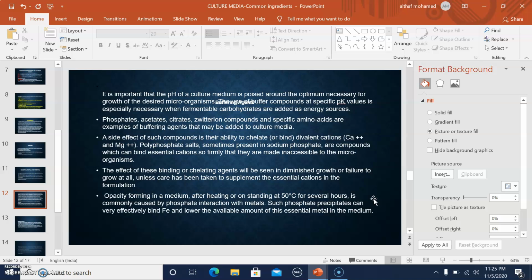A side effect of such compounds is the ability to chelate divalent cations and magnesium. The polyphosphate salts sometimes present in the sodium phosphate are components which can bind essential cations so that they are made inaccessible for the microorganisms.